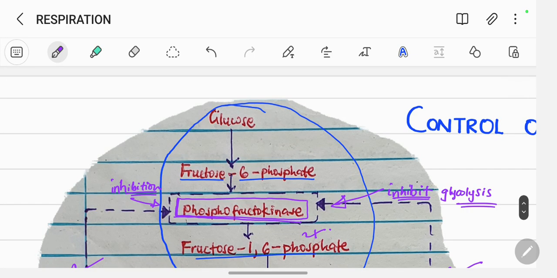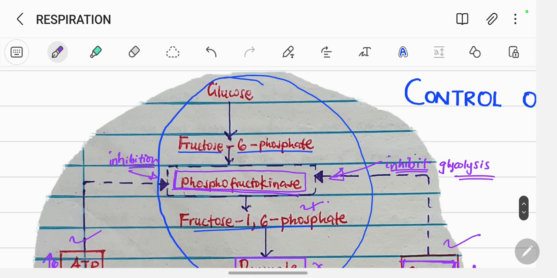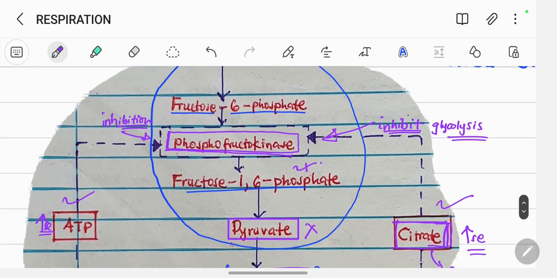So glycolysis is inhibited by two end products, ATP and citrate.